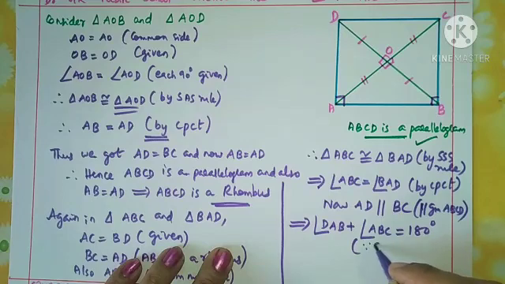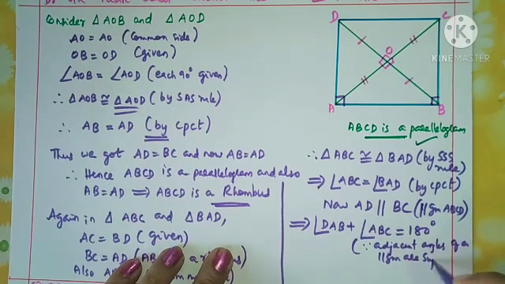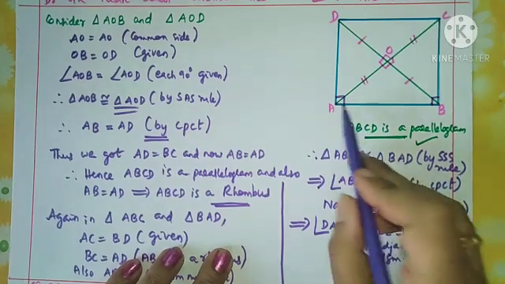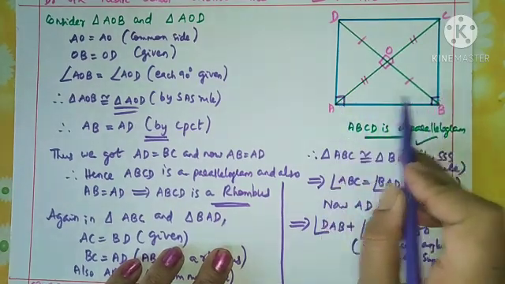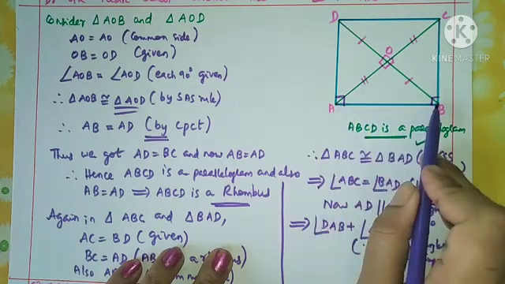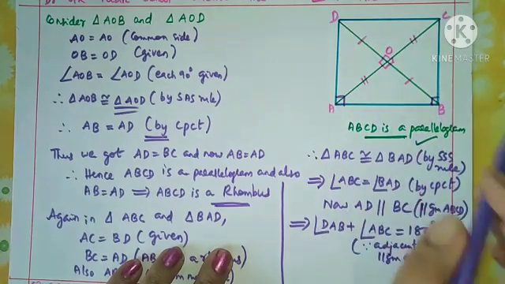Now, when these two angles are equal and they form supplementary angles, what is the only possibility?